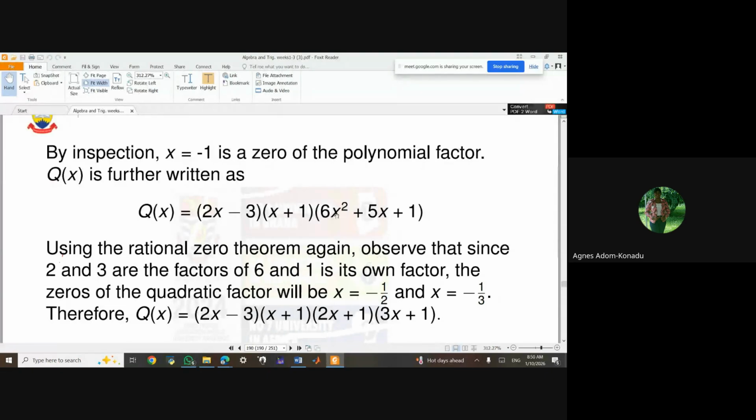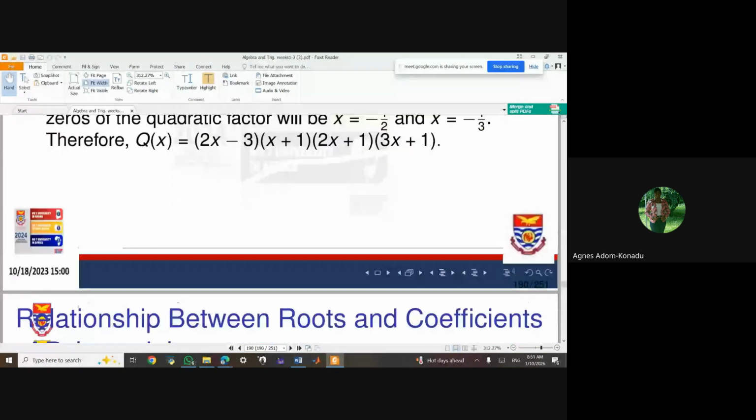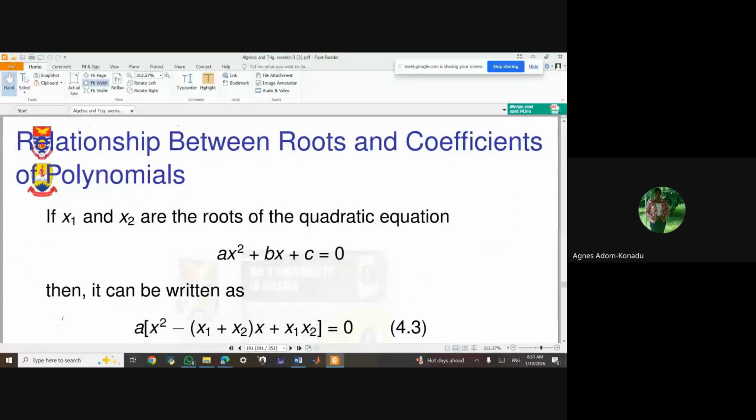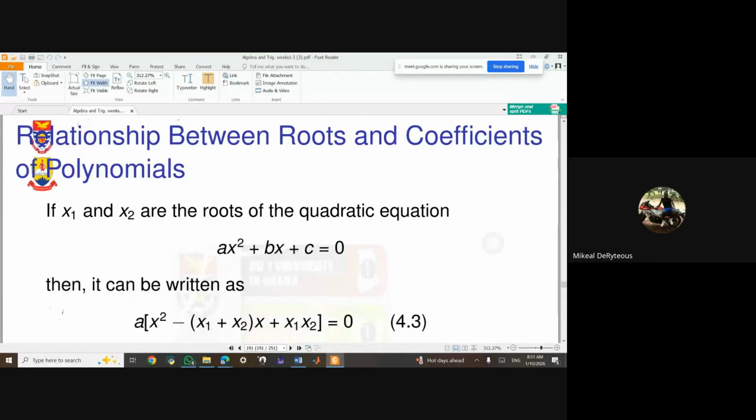So you find the factors, and the factors will be 2s plus 1, and then 3s plus 1. You can still use the rational zero: you find the factors for this, then factors for this, then you solve. So you're going to get that. So that's how to find the factors of the polynomial function using the rational zero.